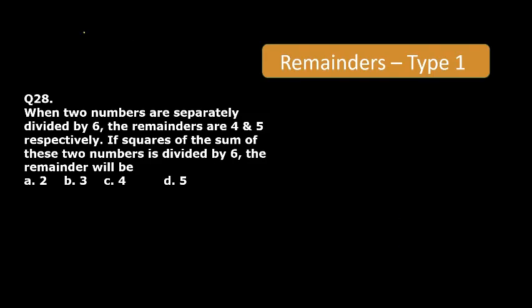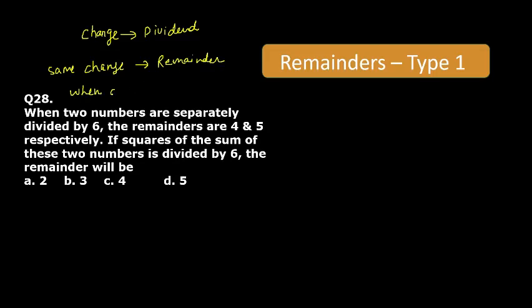The rule was, whenever there is any change with the dividend, the same change will happen to the remainder when we are dividing by the same number.